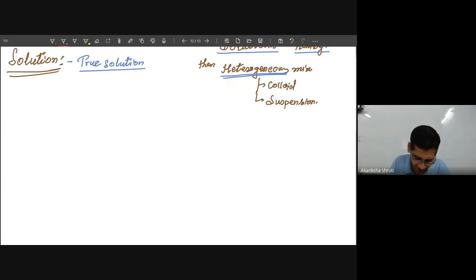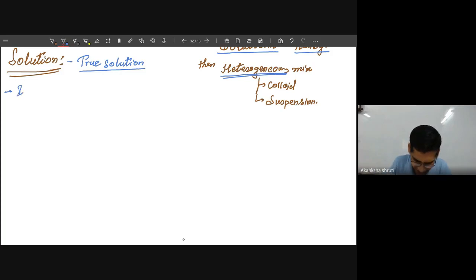Last day we have started. This solution is a homogeneous mixture. Homogeneous mixture means their particles are uniformly distributed throughout the mixture.